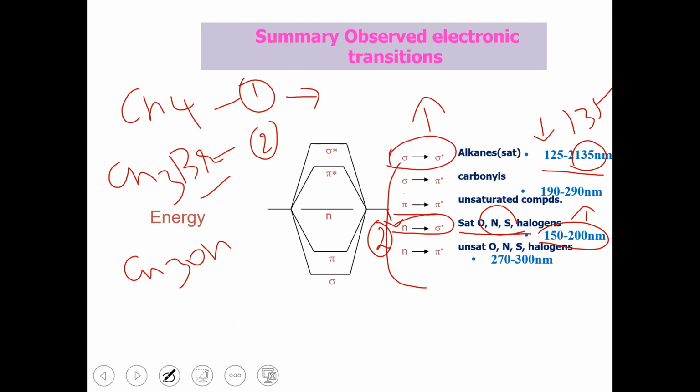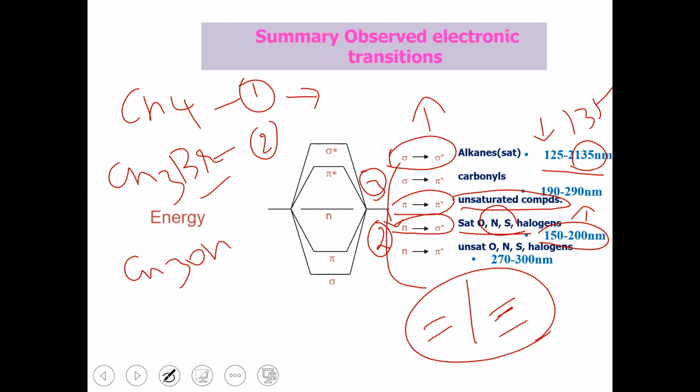And the third one is pi to pi star, which is a very important transition that happens in pharmaceutical compounds, because most of our pharmaceutical compounds are organic with unsaturation. They may contain double bonds or triple bonds. When these conjugations are there, they are considered UV active species, and they have good absorption in the UV radiation.